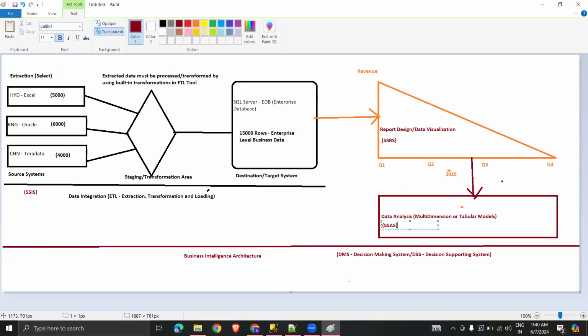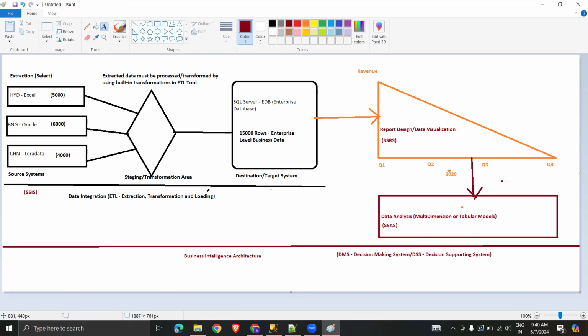Now, sir, listen to my statement. We are in a position to perform ETL and data integration activities by using the MSBI tool called SSIS. We are in a position to visualize the data using the MSBI tool called SSRS. We are in a position to analyze the data by using the MSBI tool called SSAS.